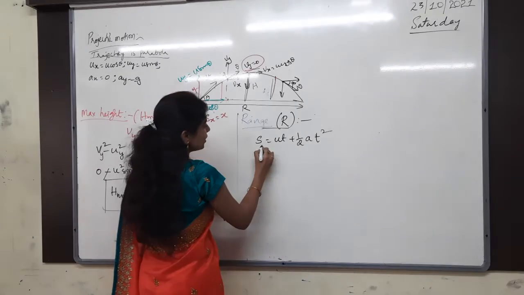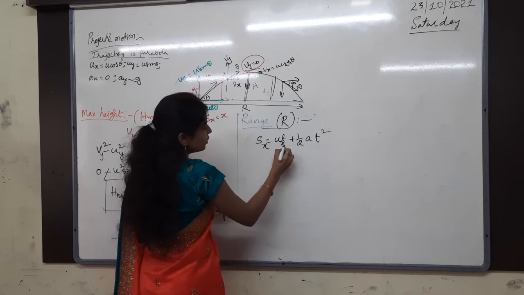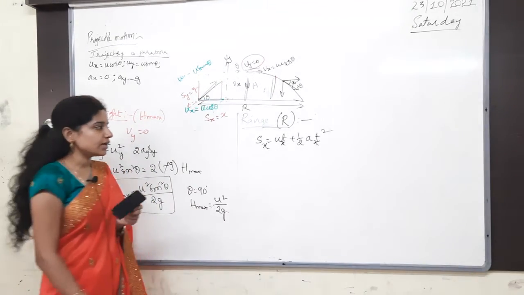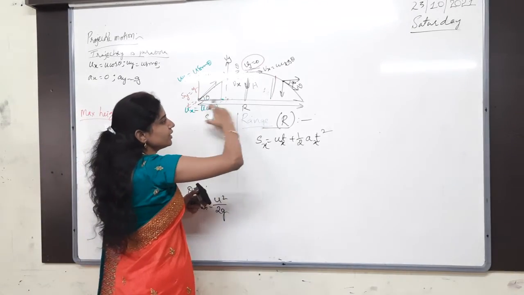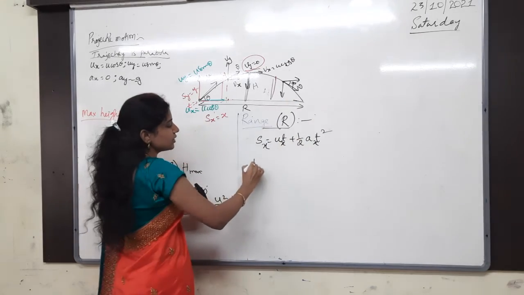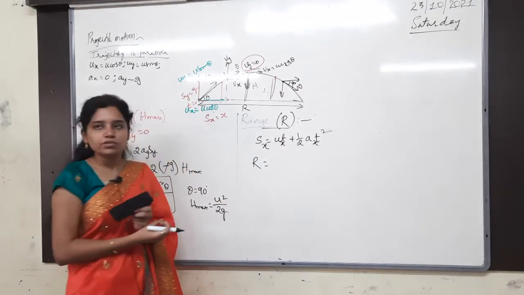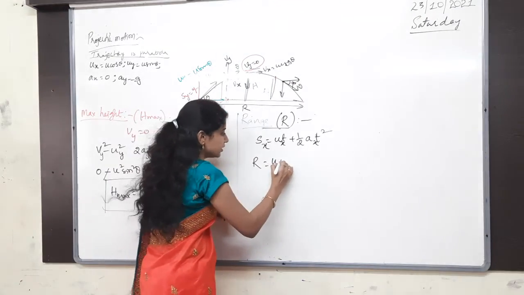Horizontally, we have to take sx = uxt + ½axt². Here sx is the horizontal distance, so range R = ux t. The ux formula is u cos θ.